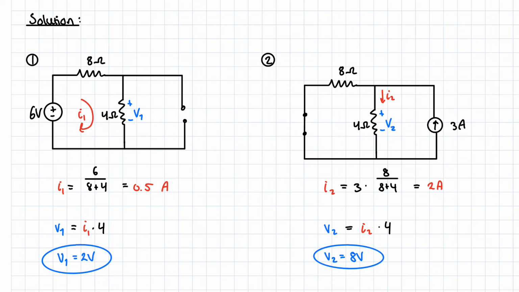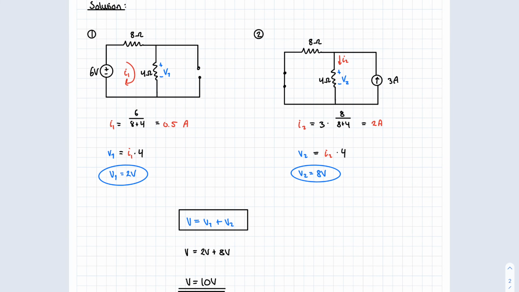So I2 is the current that goes through the 4 ohm resistor. And we find I2 by using current division now and say 3 multiplied by 8 divided by 8 plus 4, like you can see. And we get that I2 equals 2 ampere. Therefore, V2 is easy to find. We just say I2 times 4, and we get 8 volts.